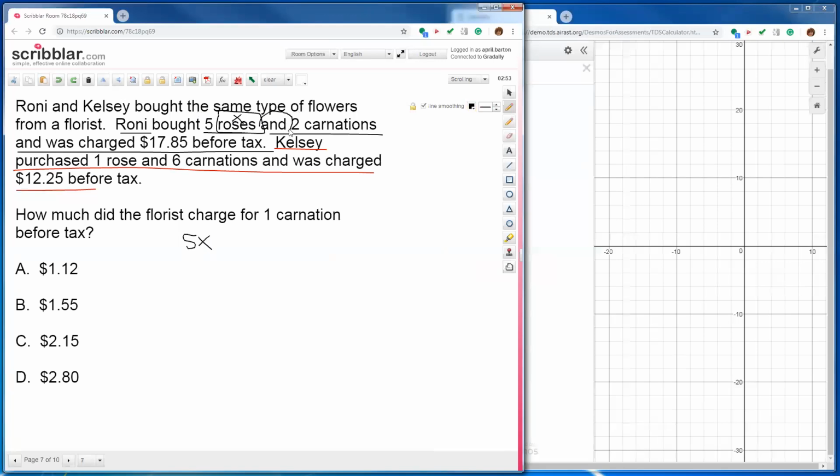And then the word "and" literally means to add. You're adding the next amount, 2 carnations. Now carnations is different. We said roses was X. Carnation needs a different letter. And this is where we have to use Y. And how much should that equal total? They gave us a total amount. 17.85. But then you're going to have to do 5X plus 2Y.